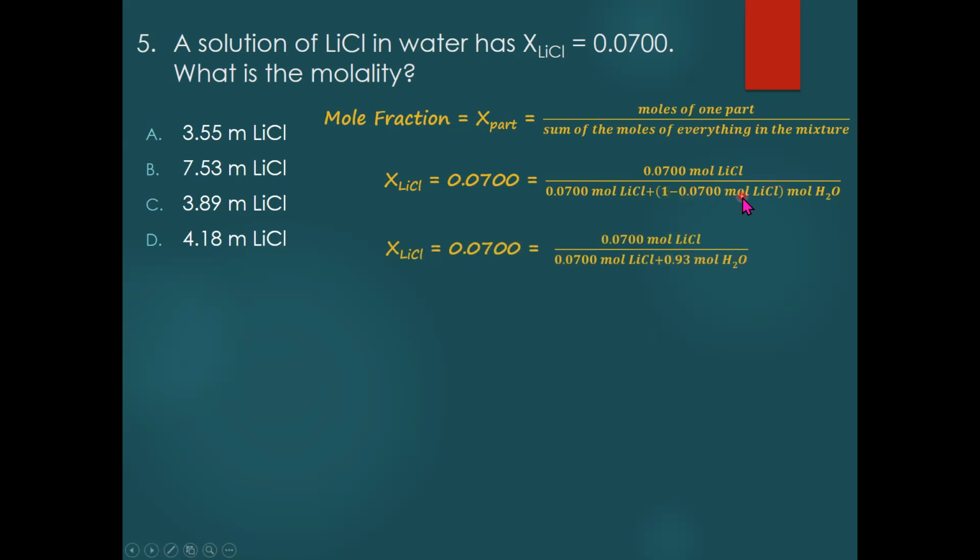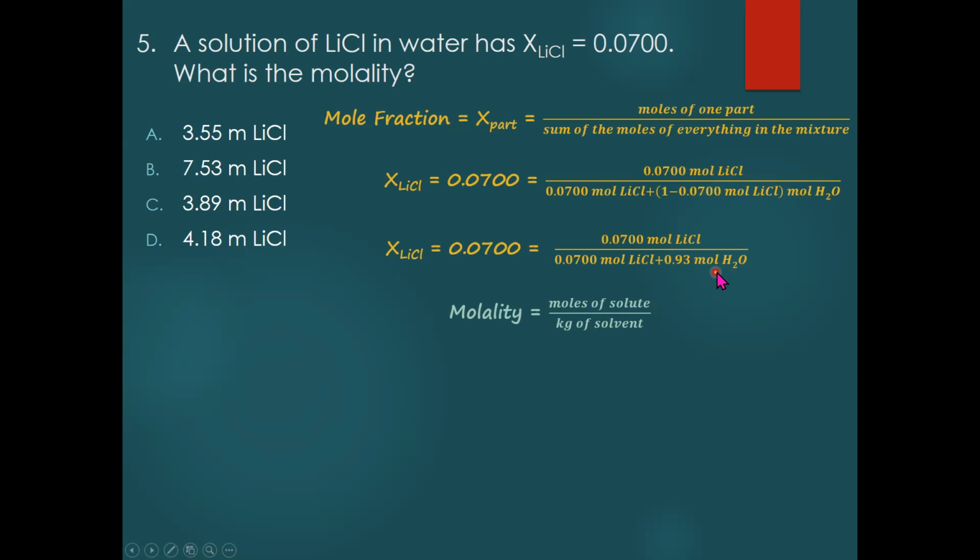By subtracting the moles of the lithium chloride from 1, this is where I'm getting the moles of the water. So there's 0.93 moles of water and 0.07 moles of lithium chloride, and both of those add up to 1. If I want the molality, remember molality is moles of the solute, so the 0.07, divided by the kilograms of the solvent.